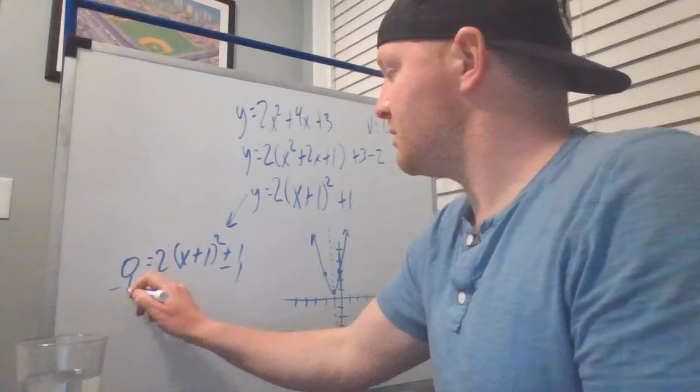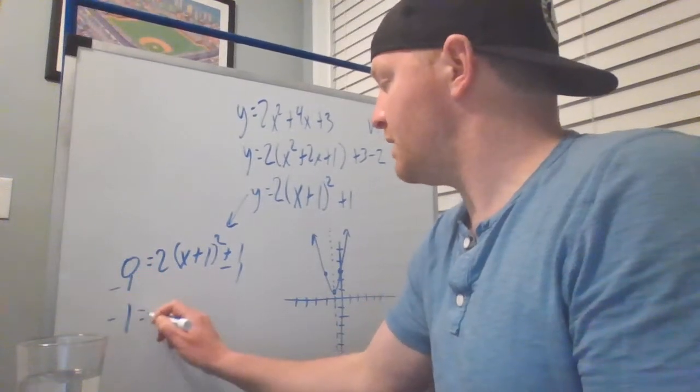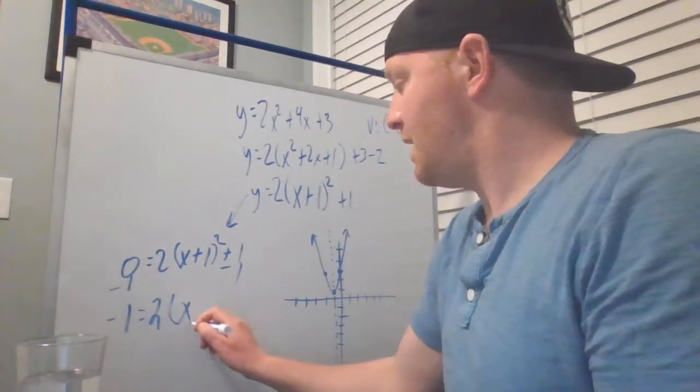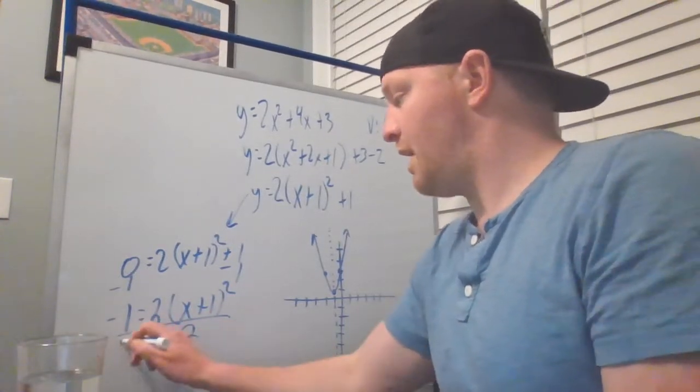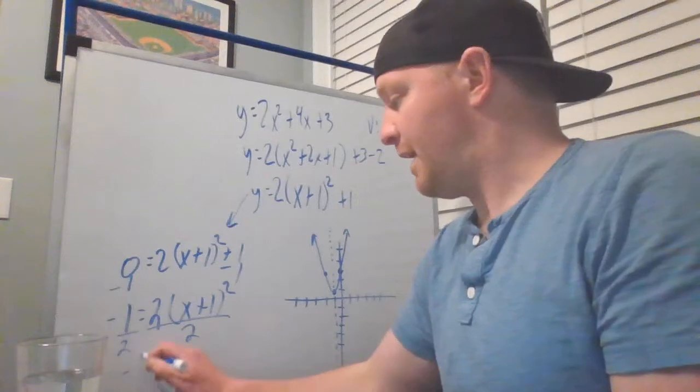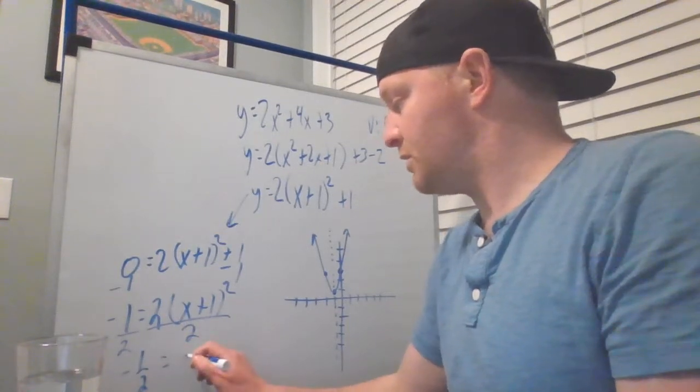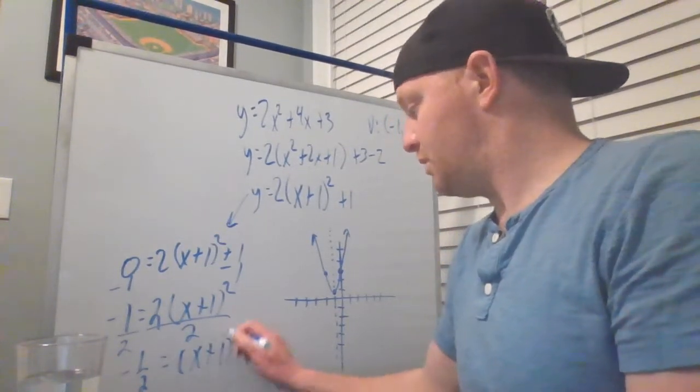I'm going to subtract 1, subtract 1. -1 equals 2 times x plus 1 squared. Divide by 2. I got a negative number. I got -1/2 is equal to x plus 1 squared.